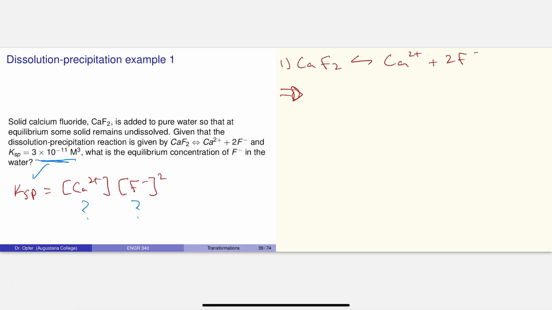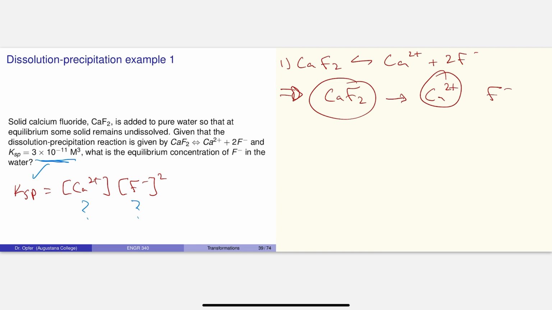Let's say I add 1 mole or 1 molecule of CaF2, and I want that to completely dissolve. So that's going to form some number of calcium ions and some number of fluorine ions. I've got 1 calcium on this side, so I only need 1 calcium on this side.